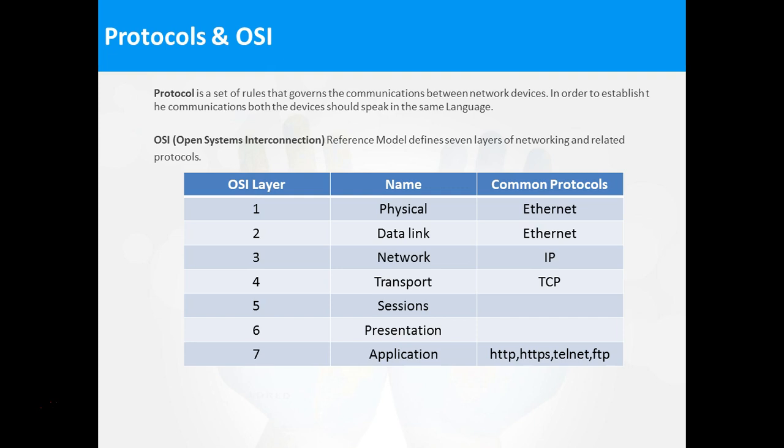IP stands for Internet Protocol, TCP stands for Transmission Control Protocol, which work in layers 3 and 4. And you have the last layer, that is the application layer. A few protocols of the application layer are HTTP, HTTPS, Telnet, and FTP. So this OSI is a reference model only, and we should know the TCP/IP protocol in detail.